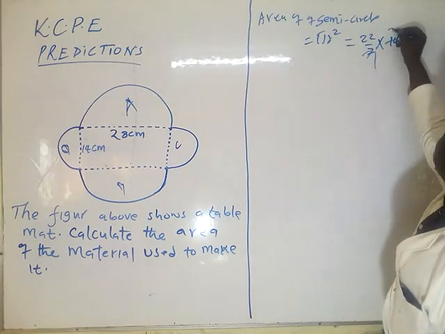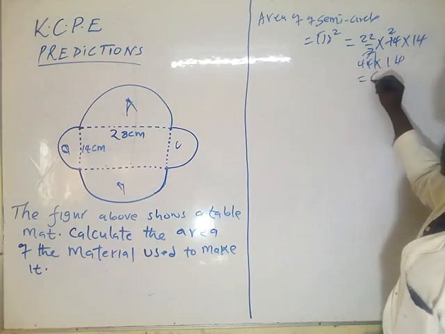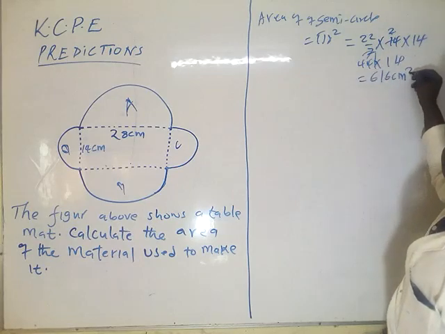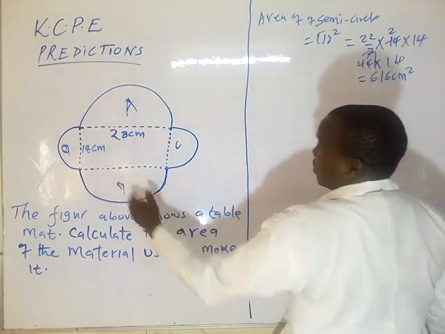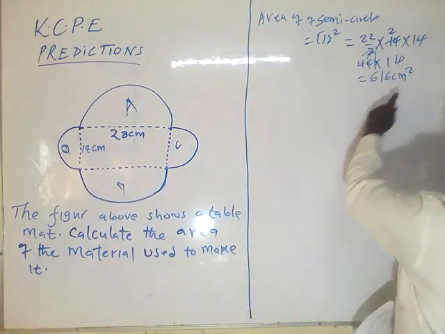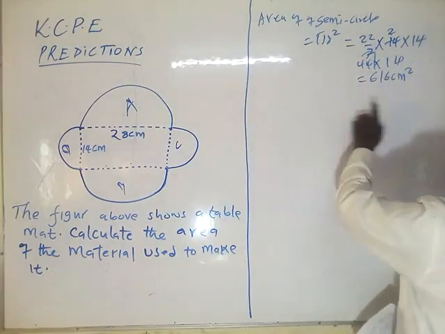Here 1, here 2. That is 44 times 14, which is 616 centimeters square. So this is the area of A and B. Because if I put a half here, I will get 308 and 308. So that is the total.